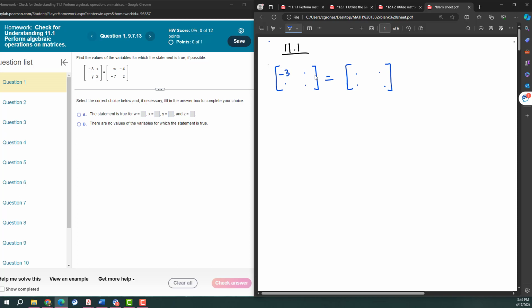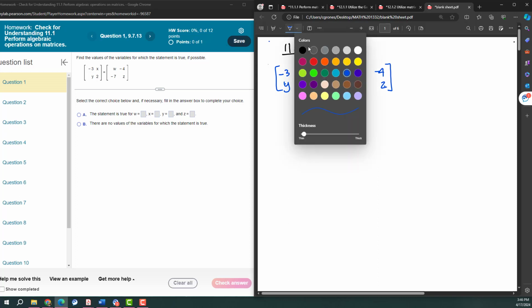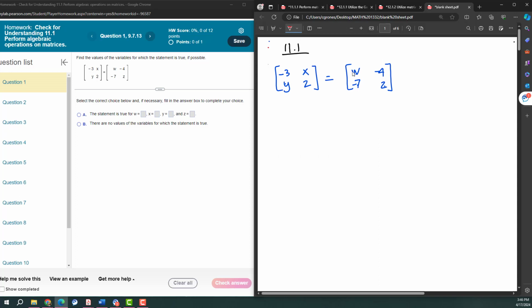So I've got -3 and then x and then y. We want to find out what each of our variables equals. We can see that -3 is matching up with w, so w equals -3. X is the same position as -4, so x equals -4.